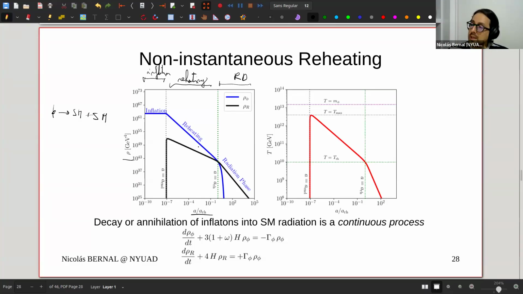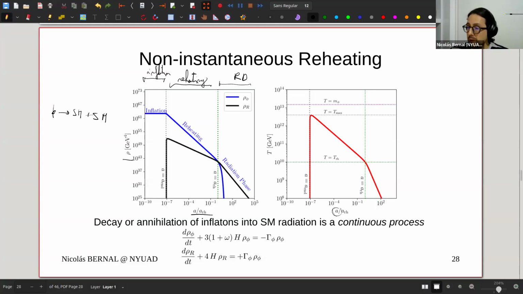During reheating, we don't know what the equation of state of the inflaton is. We don't know the equation of state of the universe in general, and we don't know how the temperature scales with the scale factor, right? It will not scale as free radiation because it's not free. We have a source term. The inflaton is decaying to radiation, so it's pumping energy into the visible sector, and therefore we don't expect the temperature to scale like 1 over the scale factor.